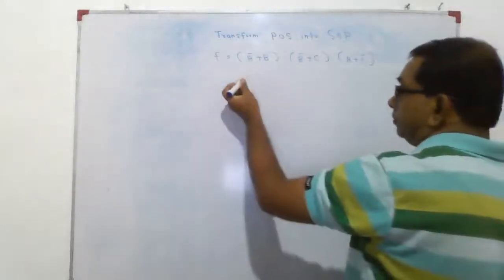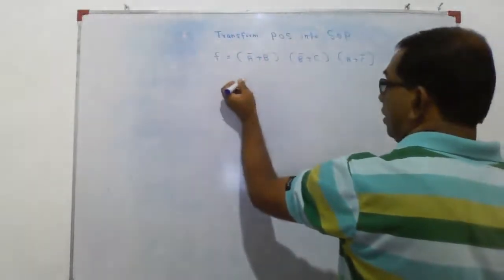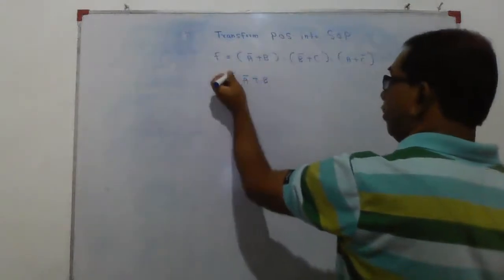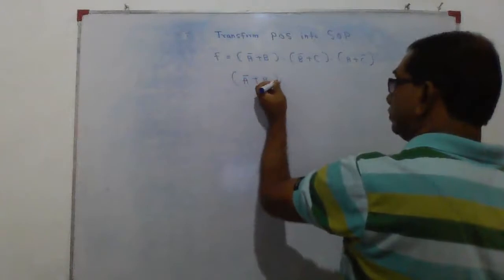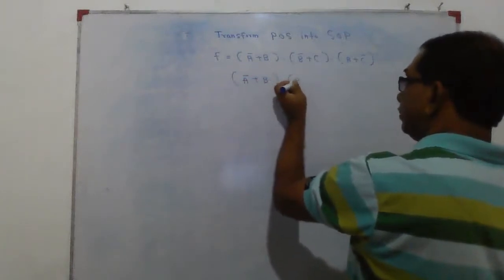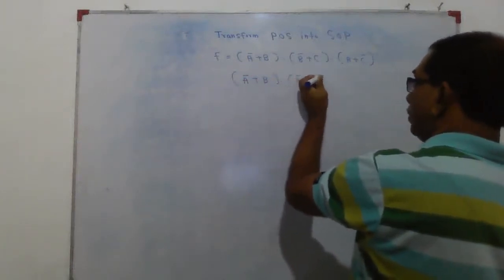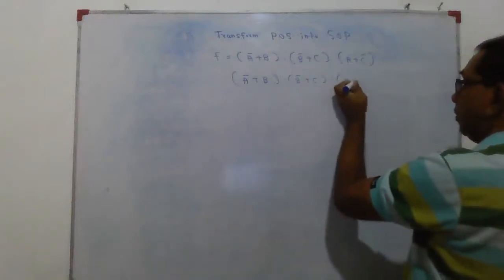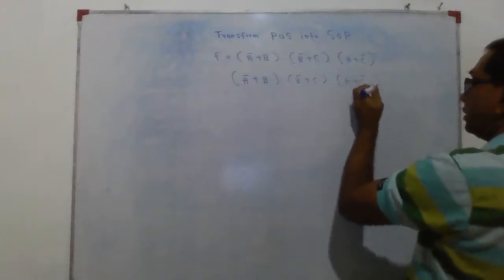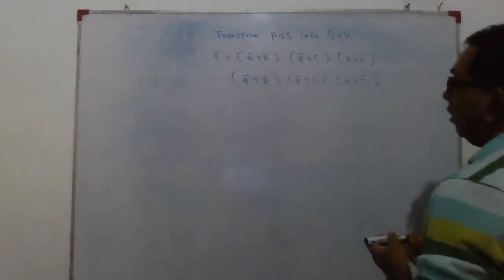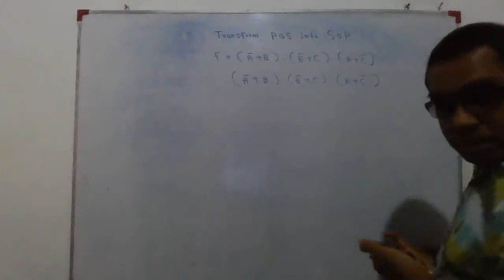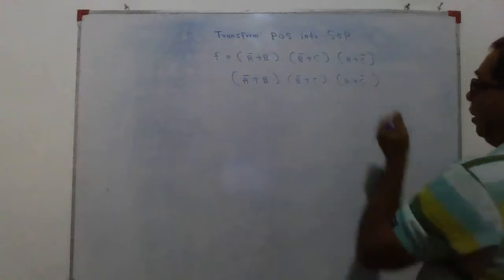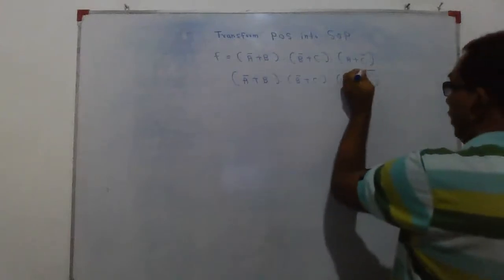I say A bar O B and B bar O C and A O C bar. I need to take the overbar.